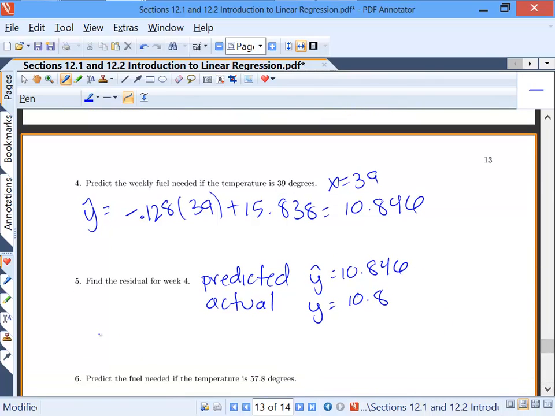What is our formula for our residual or our error term? Instead of epsilon I can write this as epsilon 4 because that's my error for the 4th week. And what is my formula for that? Observed minus predicted. So 10.8 minus my predicted, 10.846. It's negative 0.046. So our prediction was just a little bit high, but not too bad.